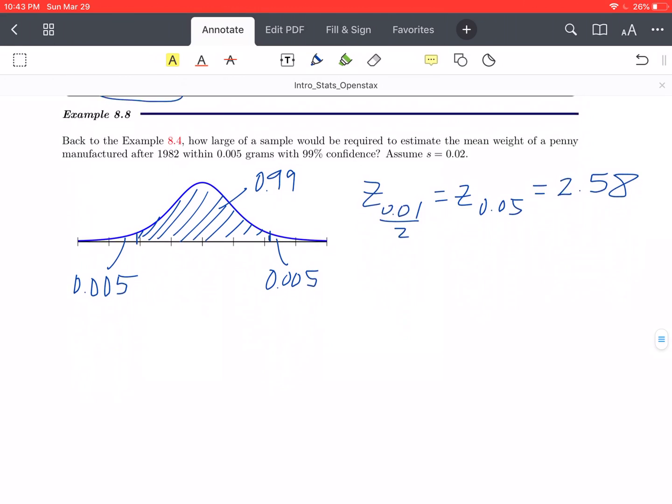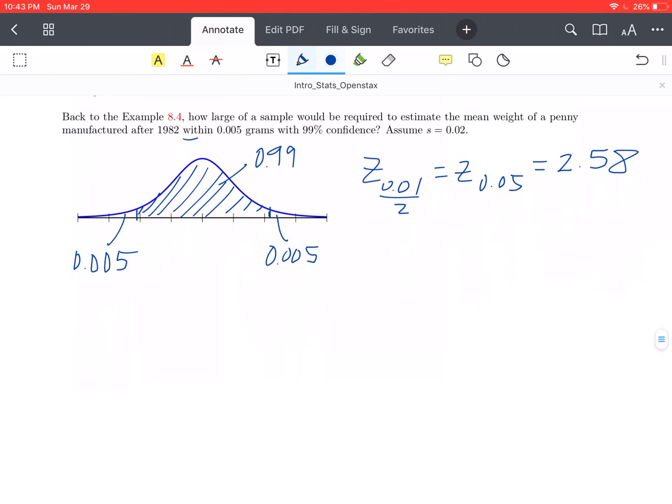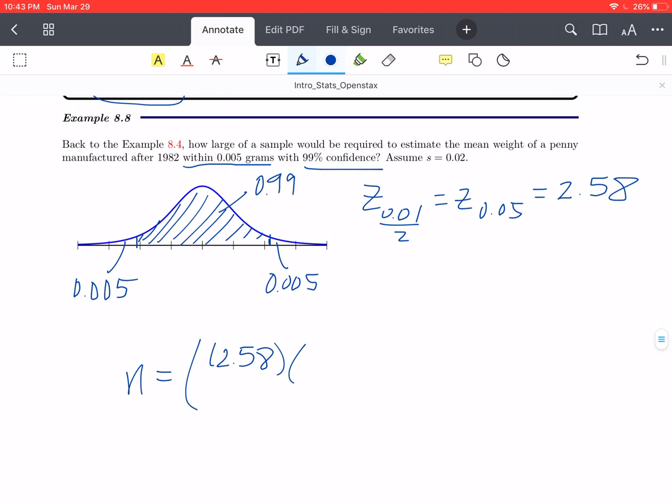So, in order to get this accurate with 99% confidence, we need to sample, I guess, how many pennies. N equals 2.58 times 0.02 over the error 0.005, because we want to be within 0.005 grams of that weight, squared.